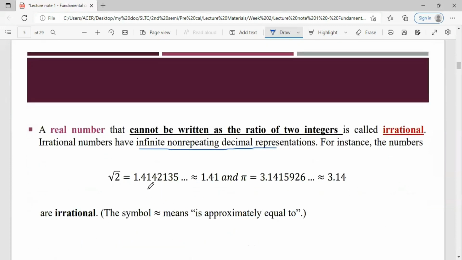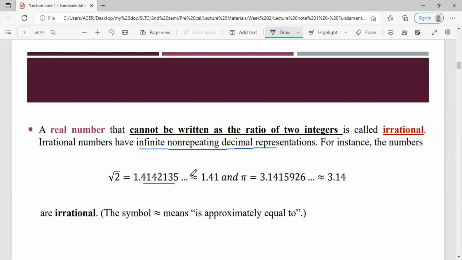So we can see these examples. Square root 2: we know that the value of square root 2 equals 1.4142135, and that goes on infinitely, and here there is no pattern, so that means non-repeating, right?